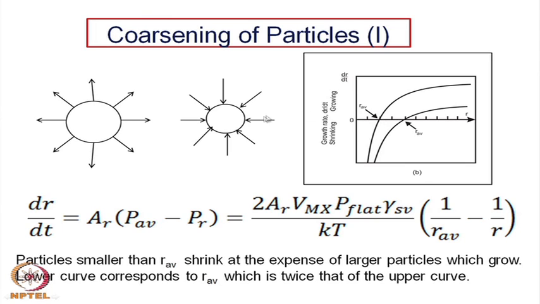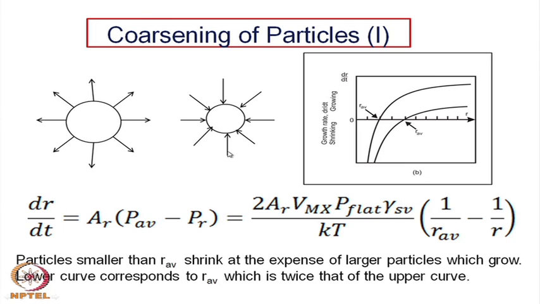So, this is what happens: if this diameter or this radius and this radius, the average is somewhere here, then this will slowly collapse and the material will get transferred to the other one and this will grow.